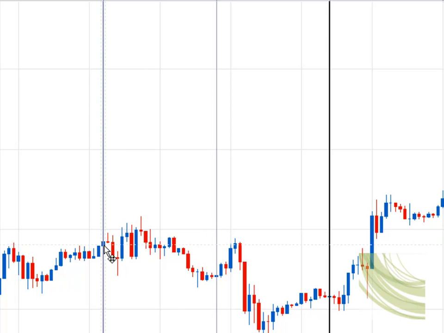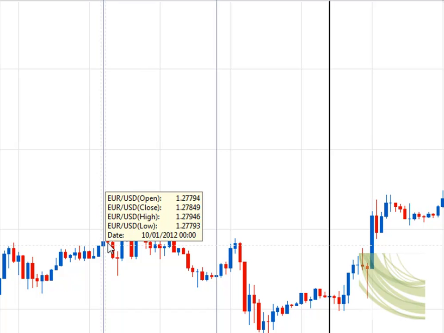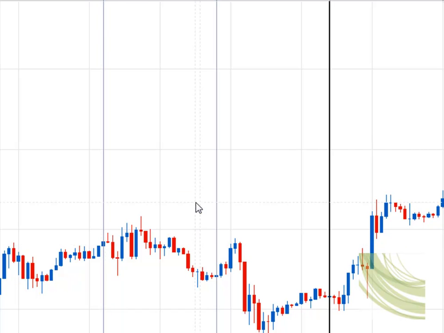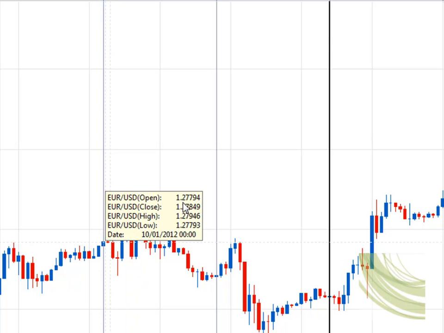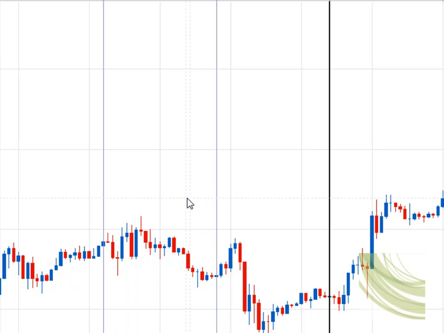This is the first candle of the day on the 10th of January. I just click on it, and you can see the open value is 1.27794. All I need to do is record this on a piece of paper.